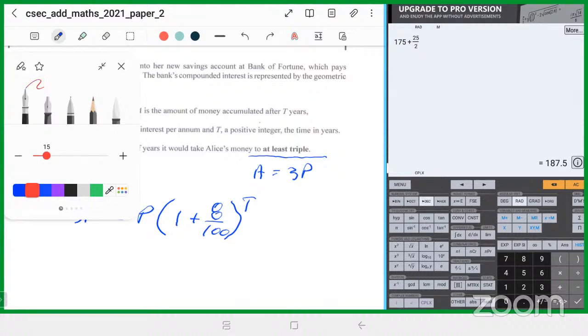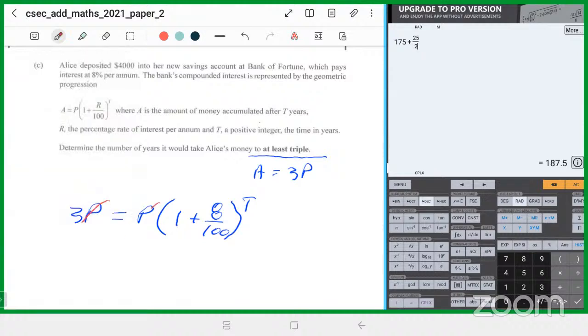This principal cancels this principal. So therefore, this side becomes just 3, equals, inside that becomes 1.08 raised to the power T.